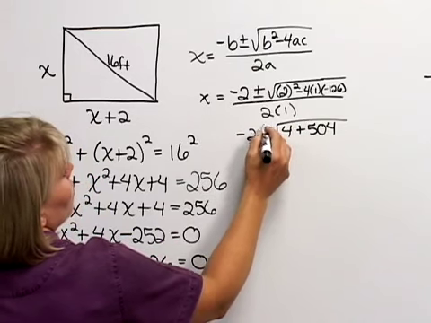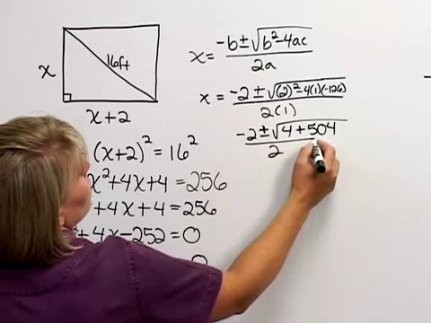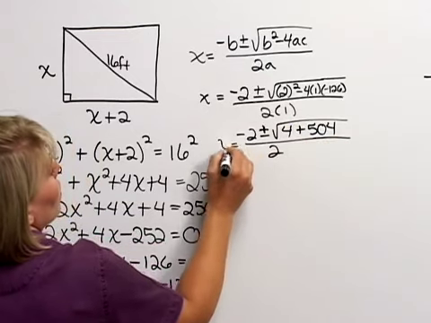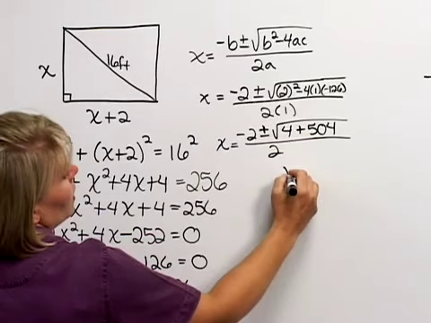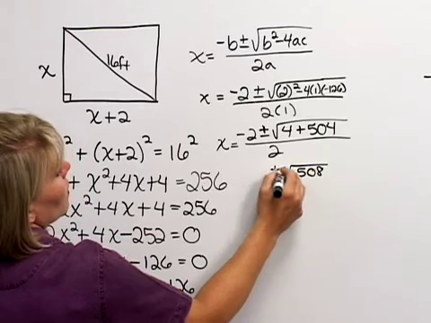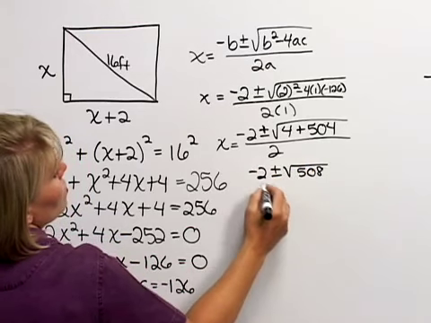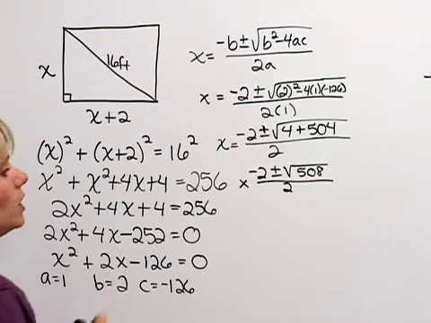Plus or minus in the front, with a negative 2 all over 2. Now we continue simplifying: 4 plus 504 is 508, so we have the square root of 508, plus or minus our negative 2, all over 2. And then we need to simplify our 508.